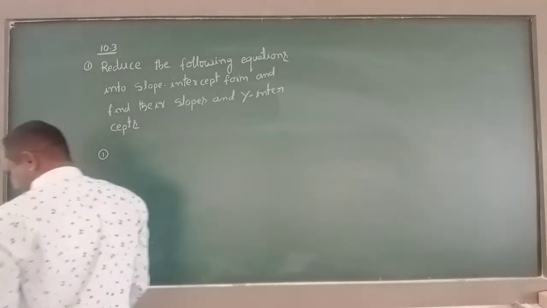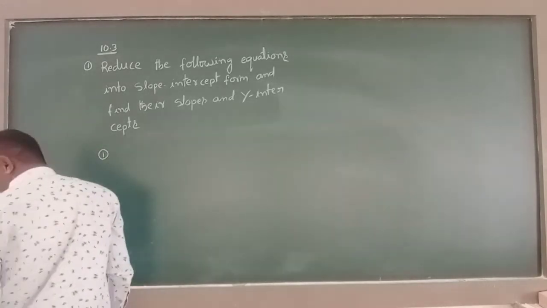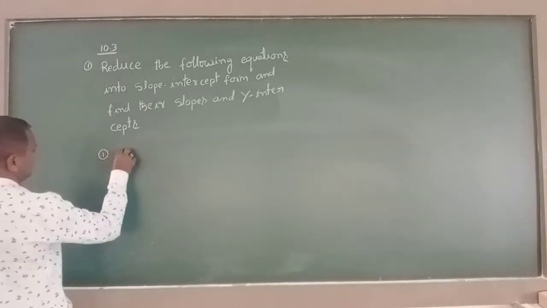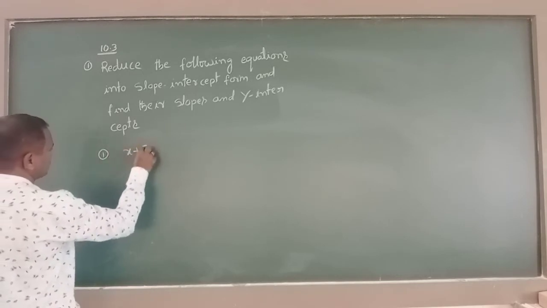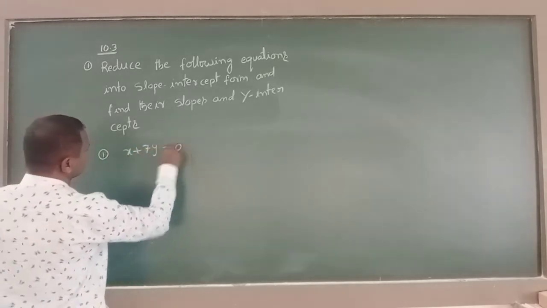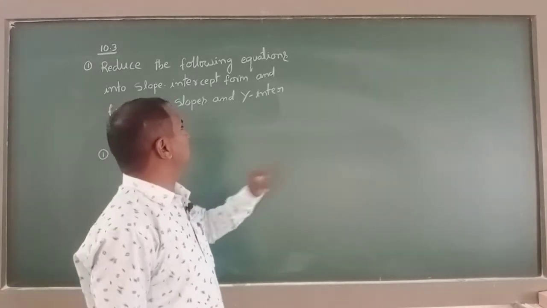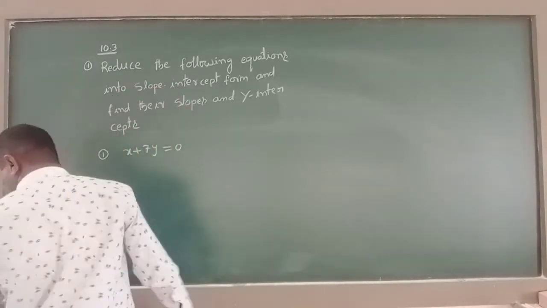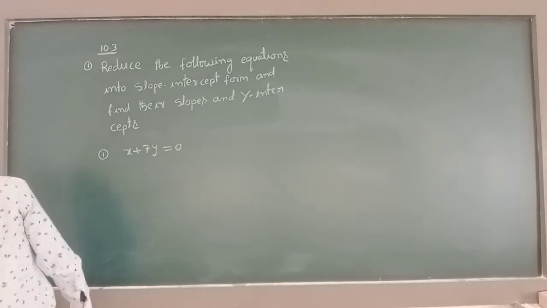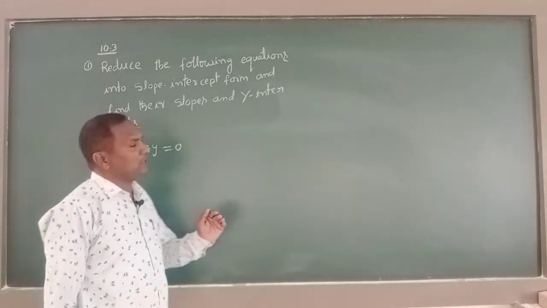First question: 3x plus 7y is equal to 0. See here, slope intercept form means y is equal to mx plus c.